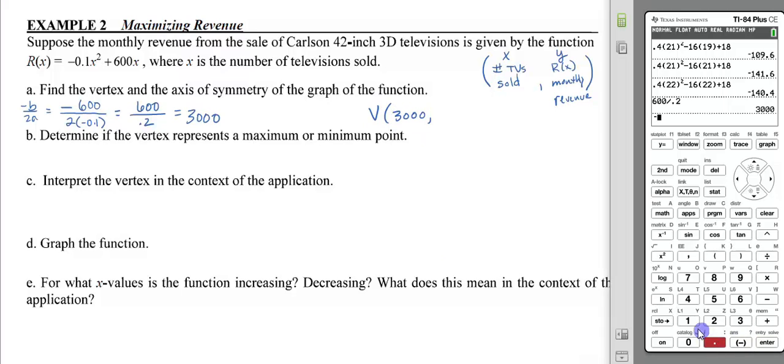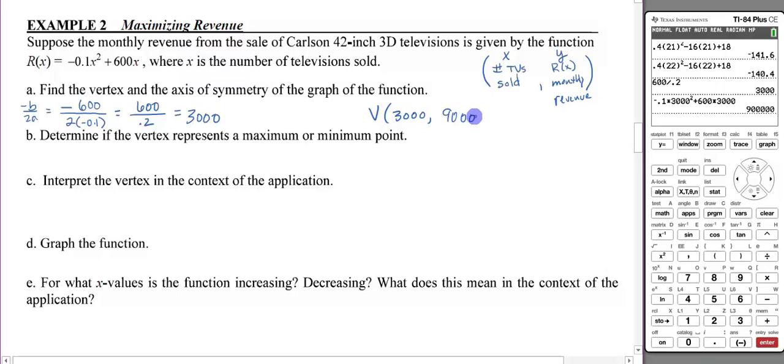So negative 0.1 times 3,000 squared plus 600 times 3,000, and that's going to be 900,000. So the vertex is (3,000, 900,000). And the axis of symmetry is simply x equals the x part of the vertex. So x equals 3,000.